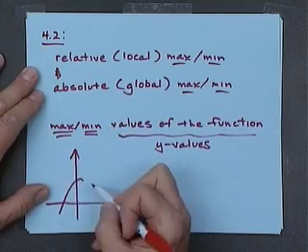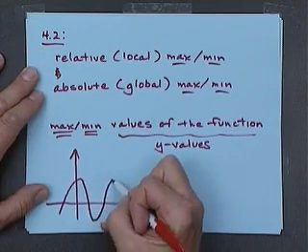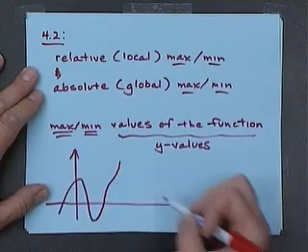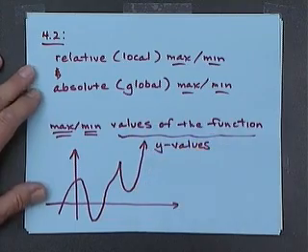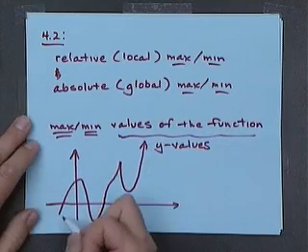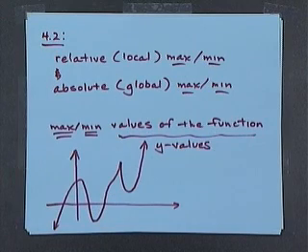So we could have a graph that's really well behaved, and it can do stuff like this. You can also have one that comes up to a peak like this, and then turns and does kind of the typical polynomial thing. Now, if this is what the picture looks like, does this picture have an absolute max? It does not.